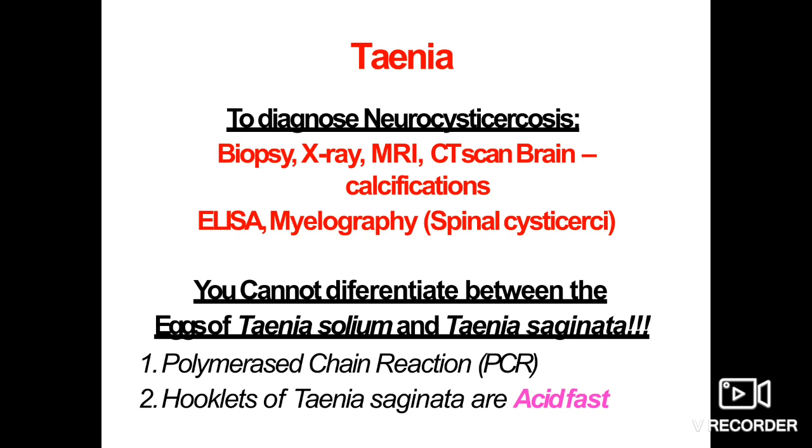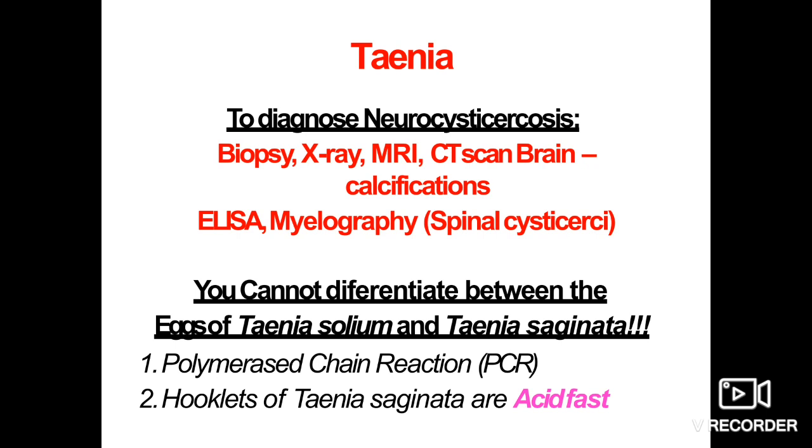Like in case of brain infection, you can use biopsy, X-ray, MRI, CT scan of brain calcification. You can also use ELISA and myelography in case of spinal infection. But you can't differentiate between eggs of both species. But you can use PCR and sometimes acid fast staining.